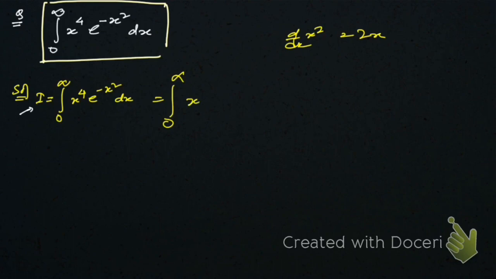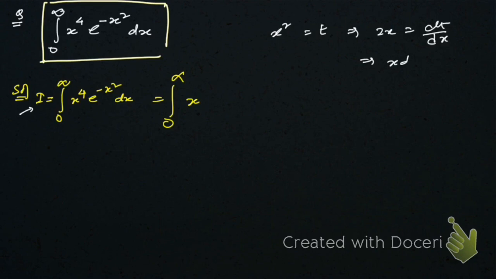Here it will be more clear if I show you this way, that here we have x square. If you take this one as t, then twice x will be dt by dx, right? And so we're going to have x dx is equal to dt by 2, right?